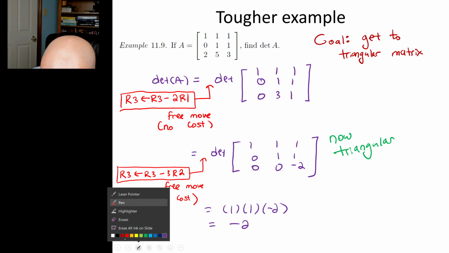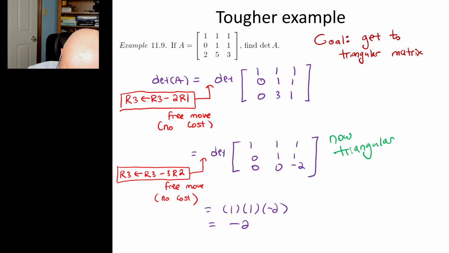And really quickly, I've got 3 plus 2 plus 0 minus 2, 0, 5.